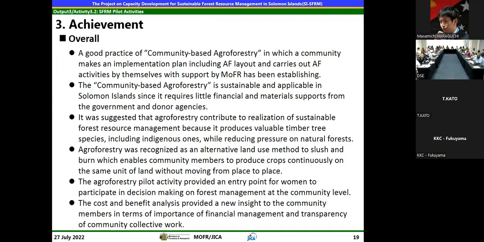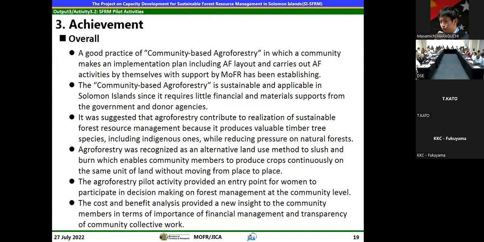And with the support of the ministry and the project, they managed to achieve their plans. And the community-based agroforestry, as we can see, is applicable in Solomon Islands.